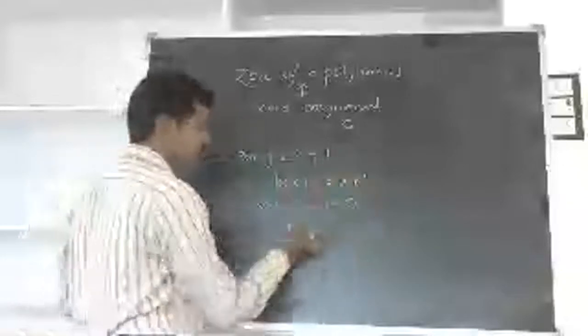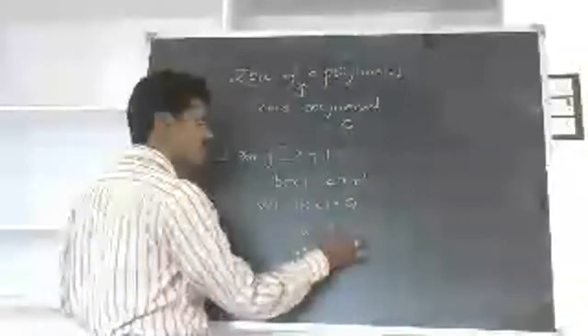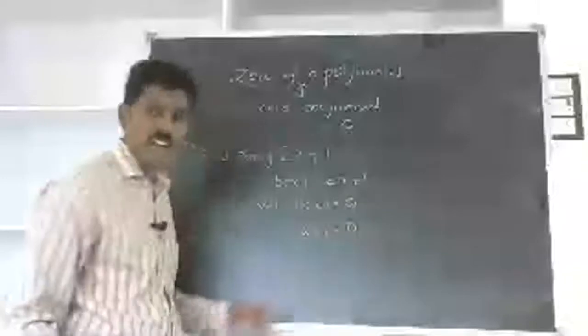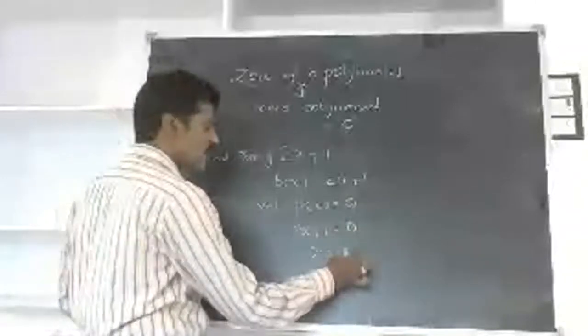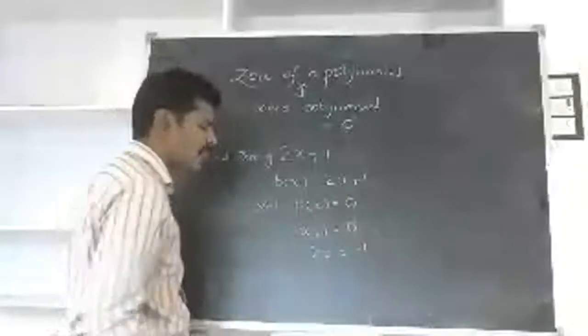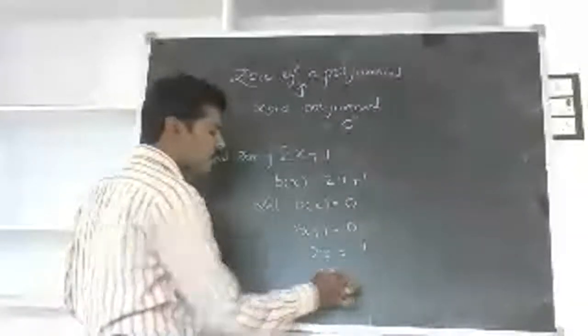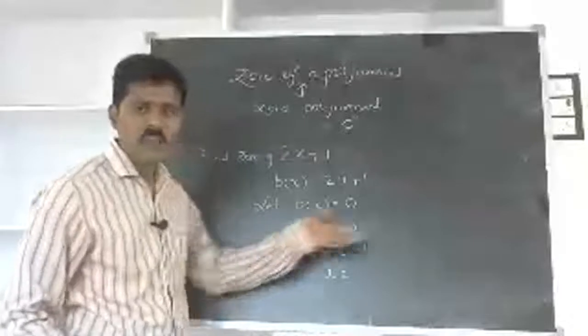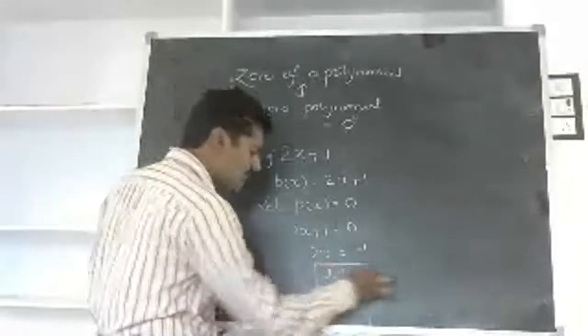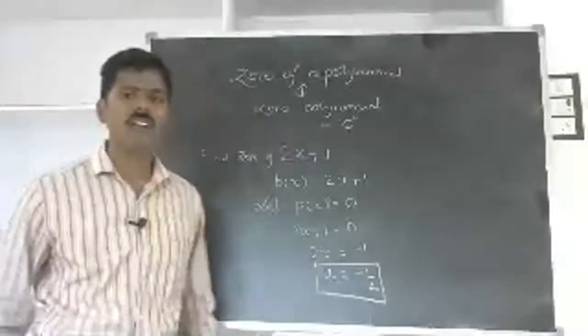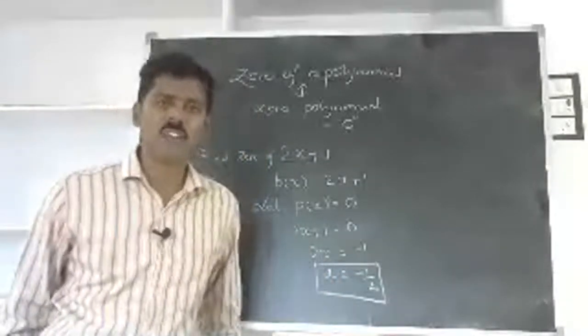What is p of x? 2x plus 1 is equal to 0. Then transpose the values to the right hand side until we get x. So 2x becomes, if you take plus 1 to the right hand side, minus 1, and then x is equal to, here 2 is multiplying, if you transfer that to the other side you will get division, so minus 1 by 2. Hence this minus 1 by 2 is called the 0 of the polynomial 2x plus 1.